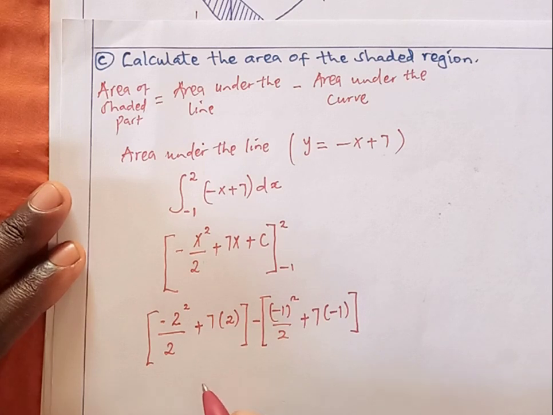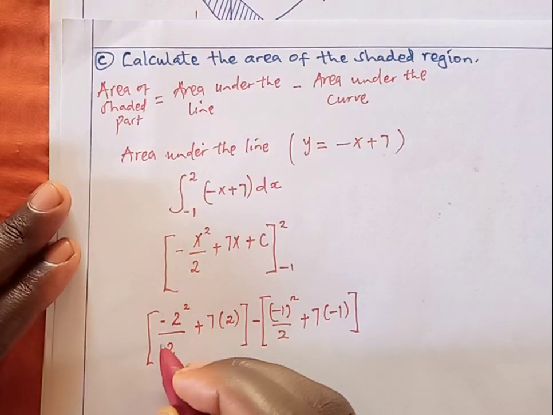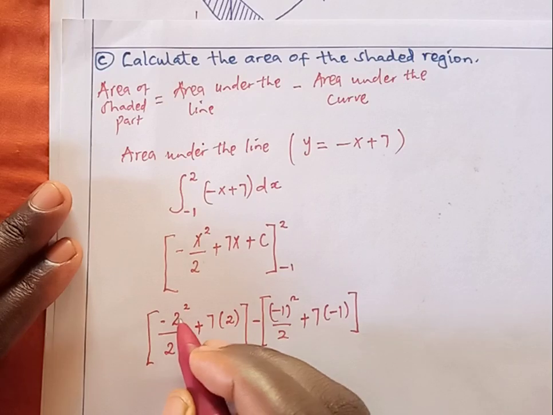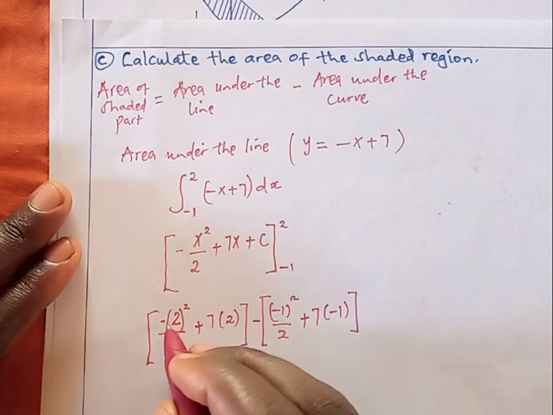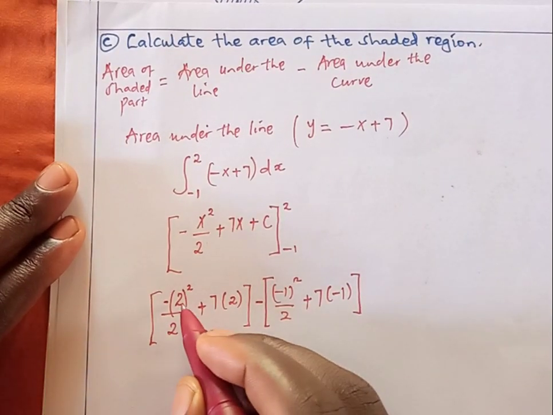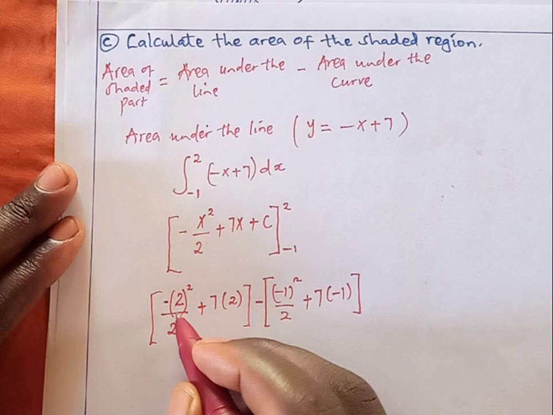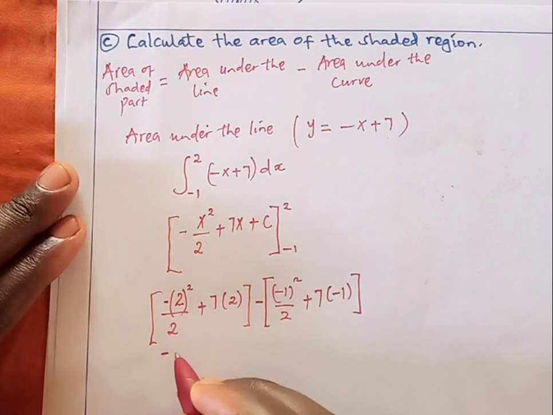I want to get this right. This is supposed to be negative a half x squared, so the negative is outside like that. This is 4, so -4 divided by 2 is going to be -2.